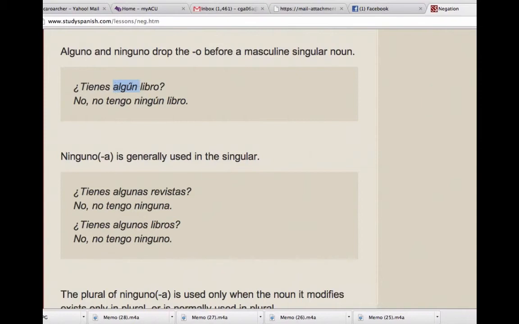And we use the affirmative because this is an affirmative question. ¿Tienes algún libro? No, no tengo ningún libro. Okay, so before a masculine and singular noun, when the noun is actually there, we have to drop the O in alguno and ninguno. So algún libro, ningún libro.